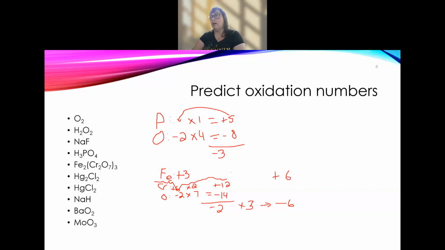Since there are 2 of the irons, and each one has to be plus 3. Okay, that's how I got to that. So hopefully I didn't just confuse you. Sorry if I did. All right, let's talk about the next one.